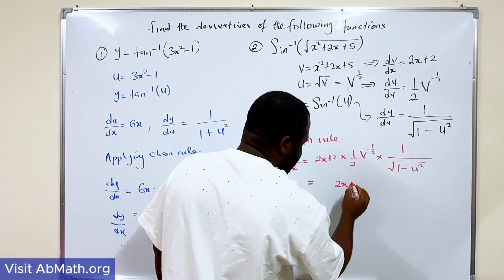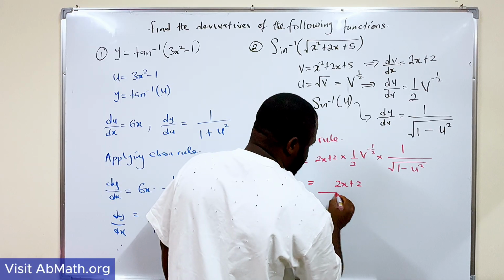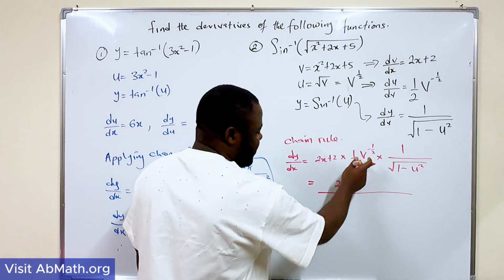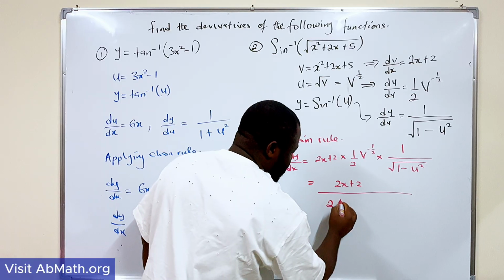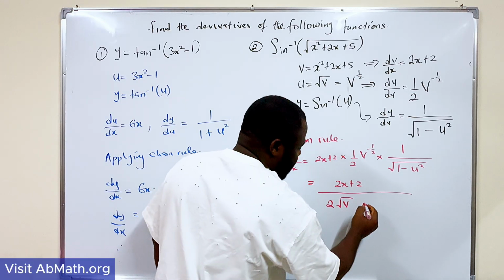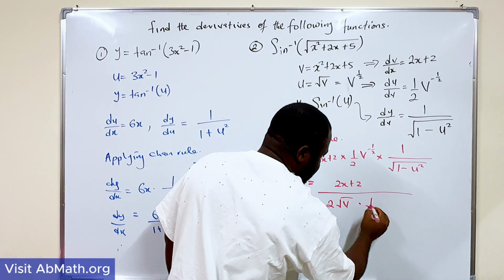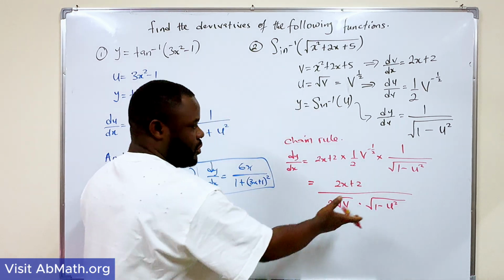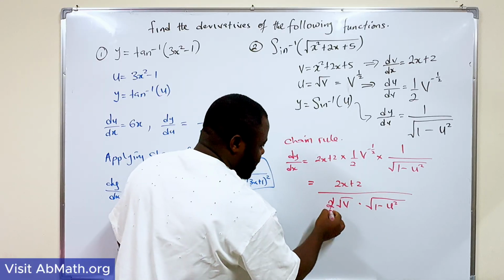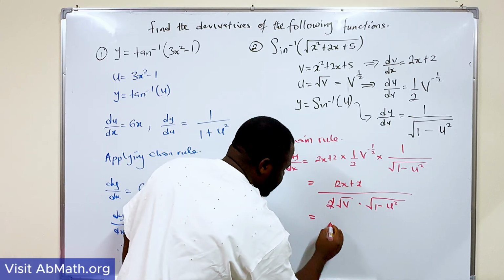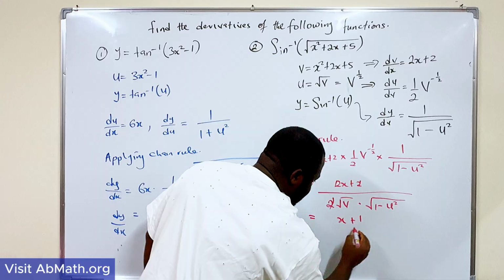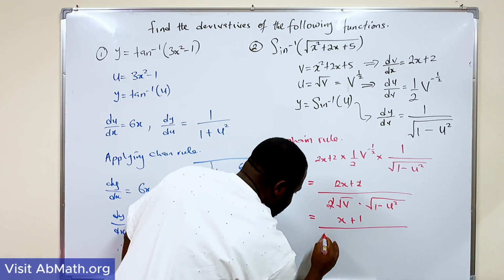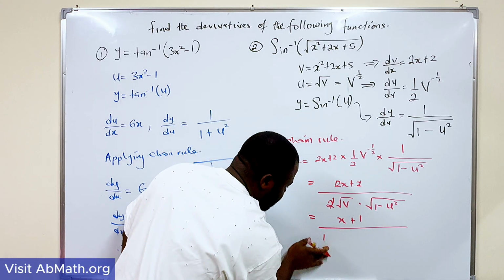So this will be 2x plus 2 over, this is the same thing as, 2 square root of v, then multiplied by square root of 1 minus u squared, right? So that is what it simply means. So this can cancel this and this. So we now have x plus 1 over square root of v.